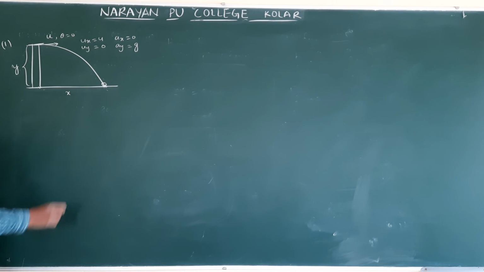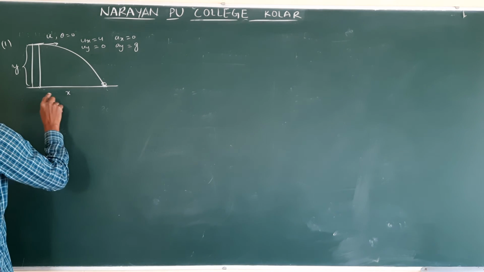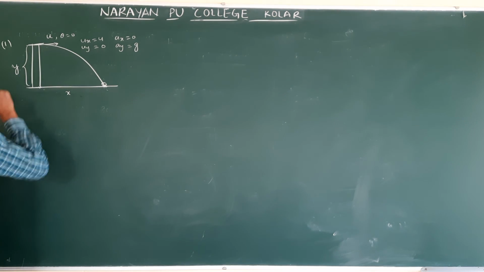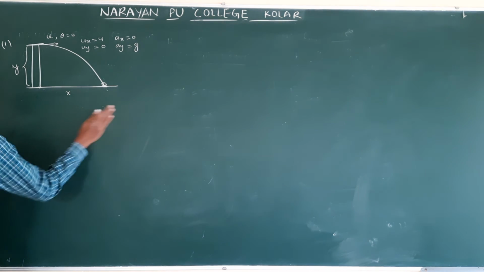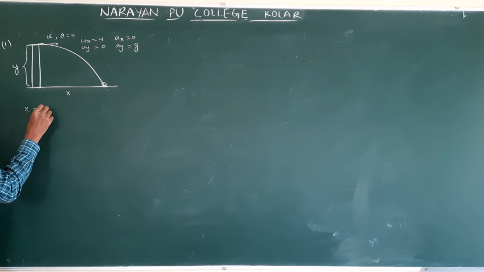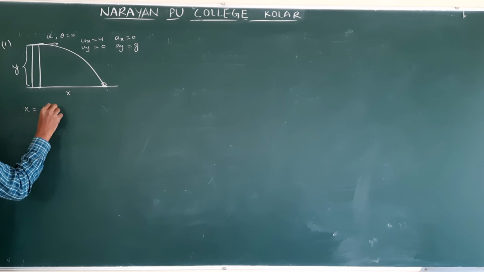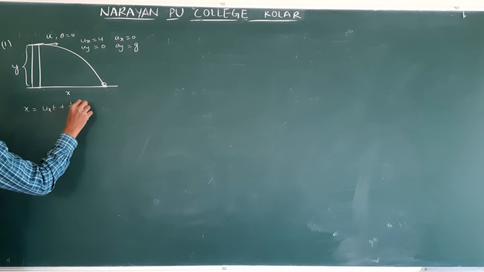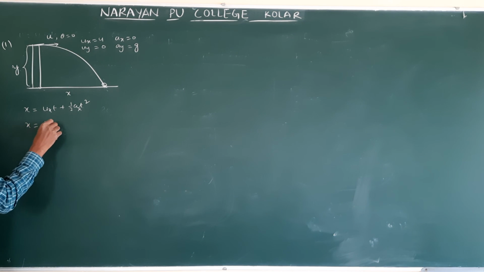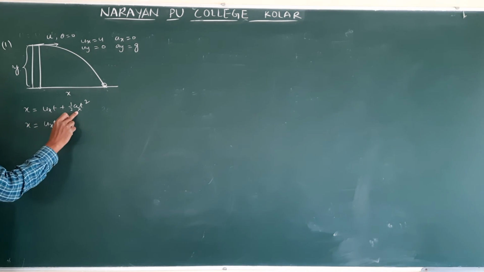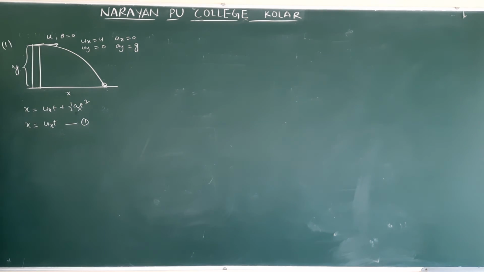Clear? Next, x is the horizontal displacement, y is the vertical displacement. Now write the displacement equations. Along x: x is equal to uxt plus half axt square, and this becomes x is equal to uxt because ax value is 0. This is equation 1.